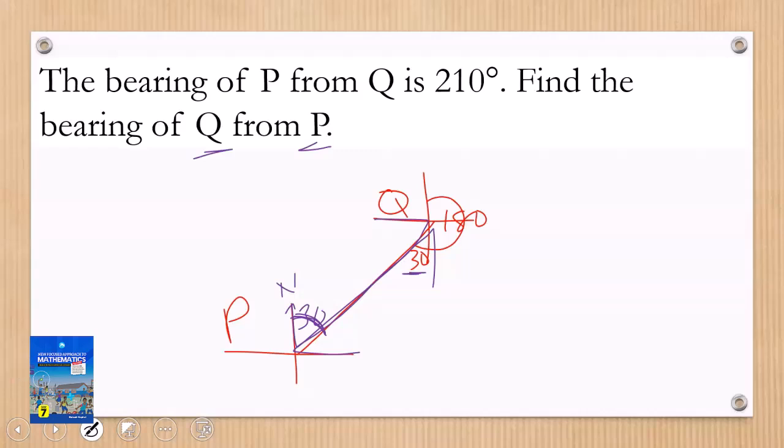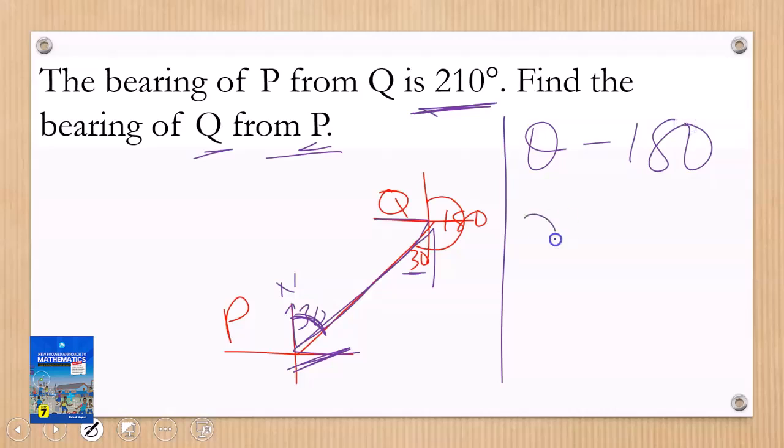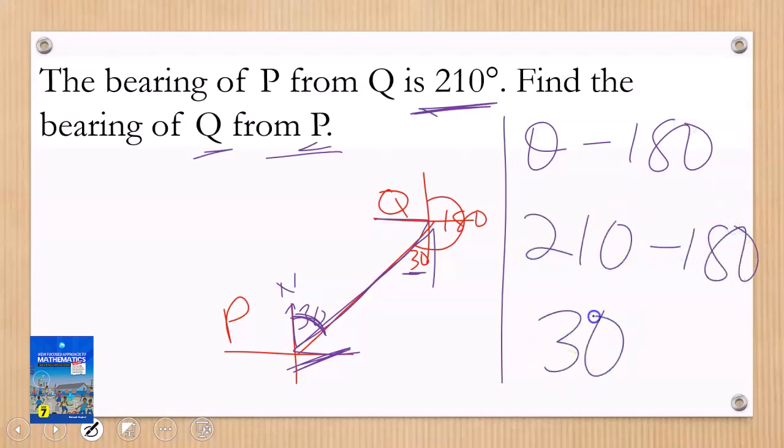That means the bearing of Q from P is 30 degrees. If you use the formula, because the angle here is more than 180, we are going to have theta minus 180. Theta is 210. So when you take away 180 from 210, the answer will obviously come as 30 degrees.